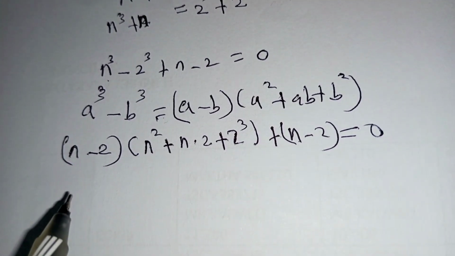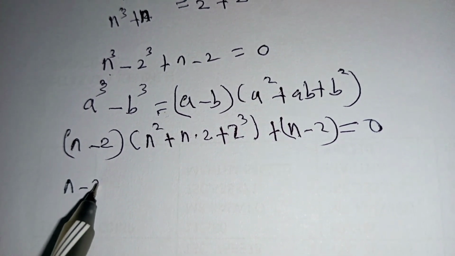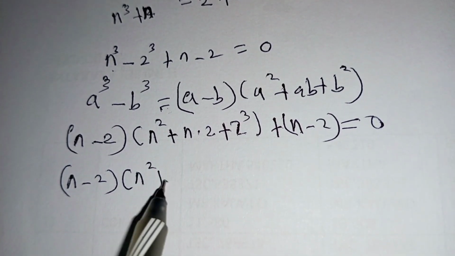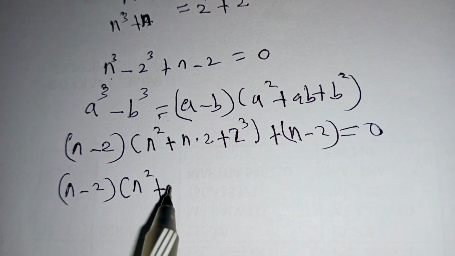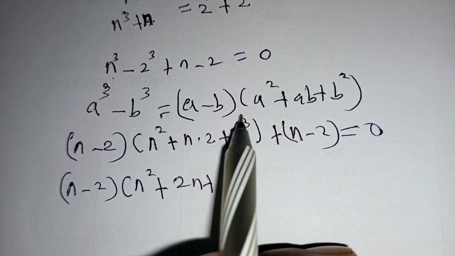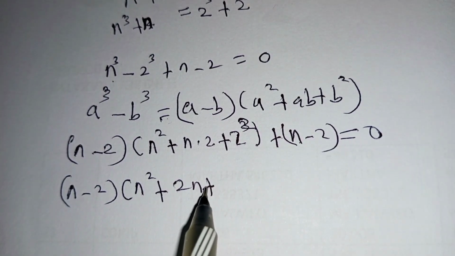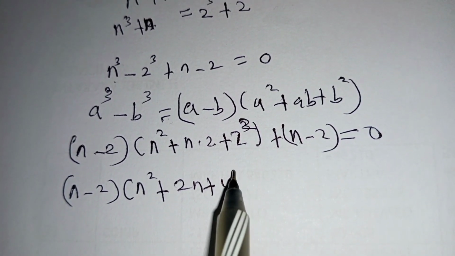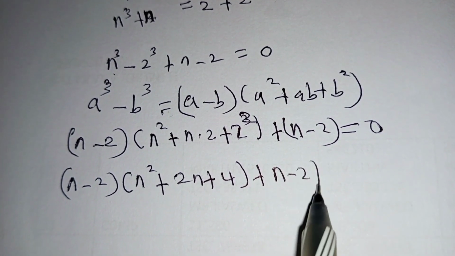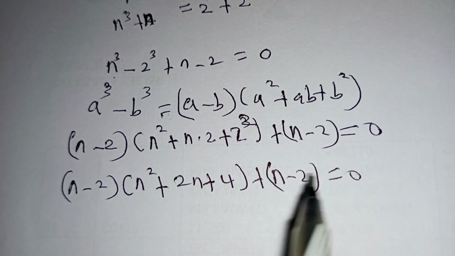Then you note that we have n minus 2 multiplied by n squared plus 2n plus 2 squared, and 2 squared is equal to 4, plus n minus 2. This is equal to 0.